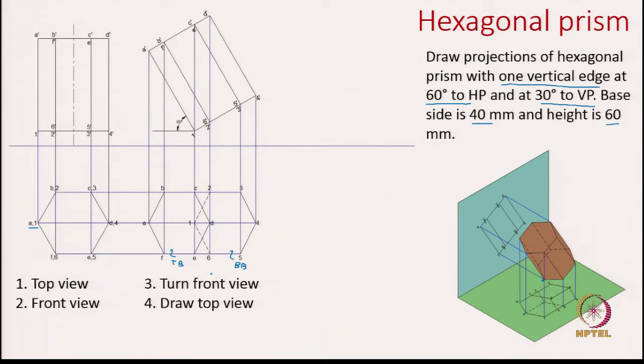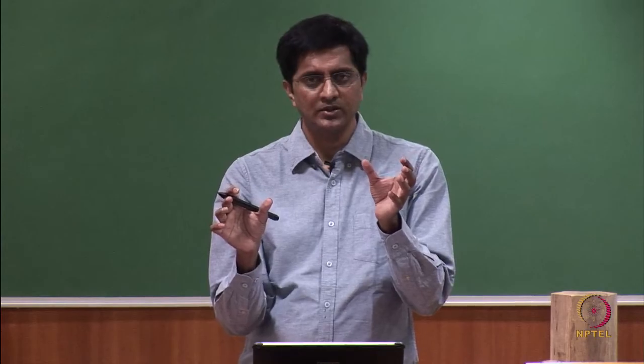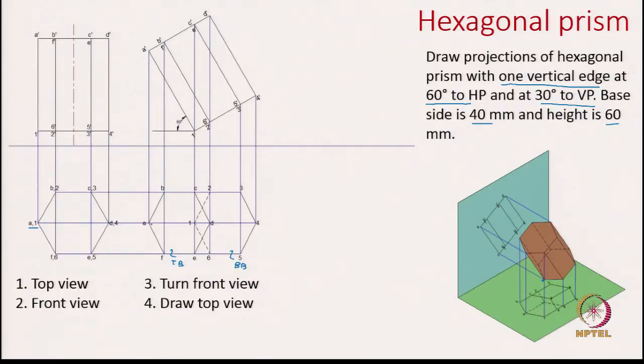So, once you capture these two hexagons, how do you make it a solid? We just need to join the corresponding points. So, for example, you just need to draw a line between A and 1, B and 2, similarly C and 3, and so on and so forth. So, once you connect those lines, you get the complete solid.